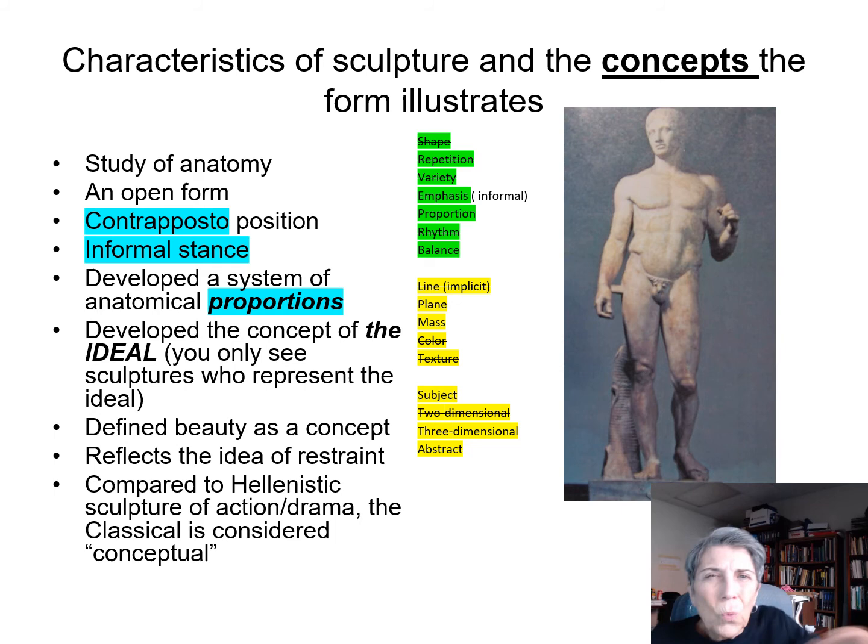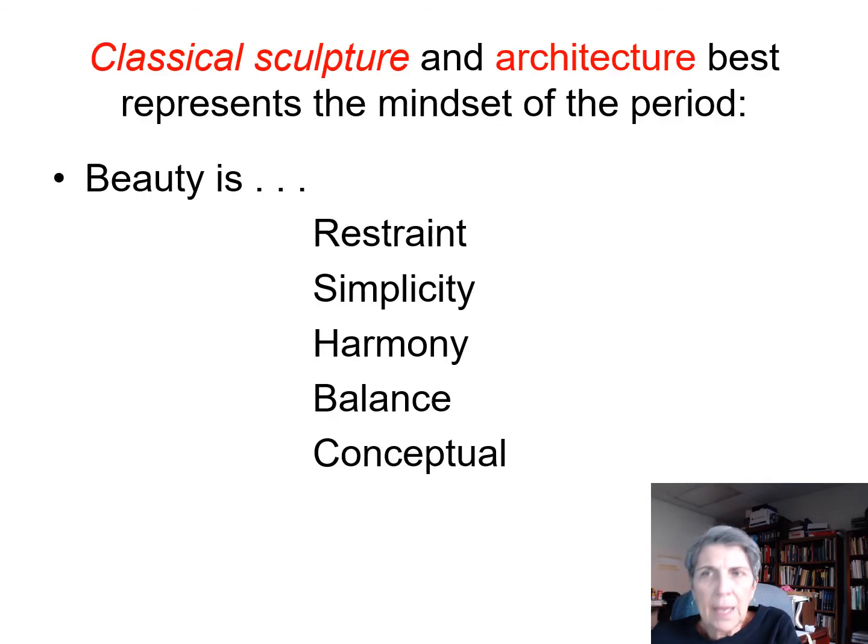So you see these words, it doesn't mean just one thing when we use this vocabulary. That is the crux. These are the key to understanding the ideal. It's about defining beauty. And beauty is restraint, simplicity, harmony, balance. And this is conceptual. The idea that these are what beauty should be.